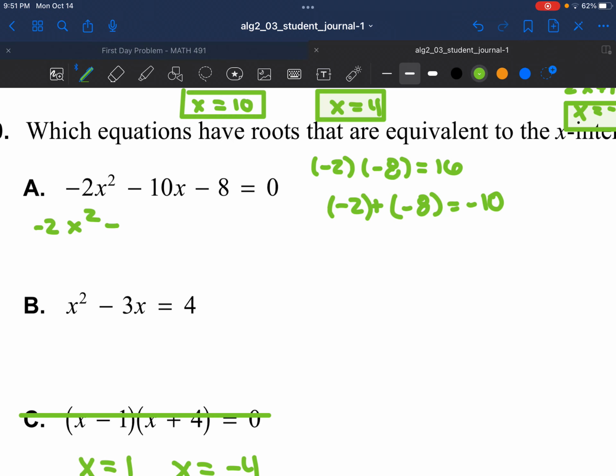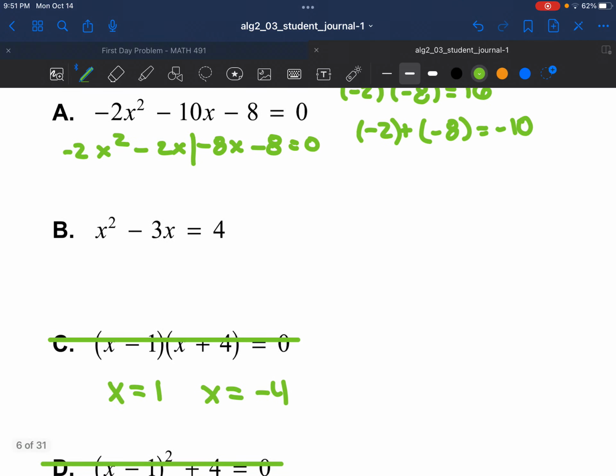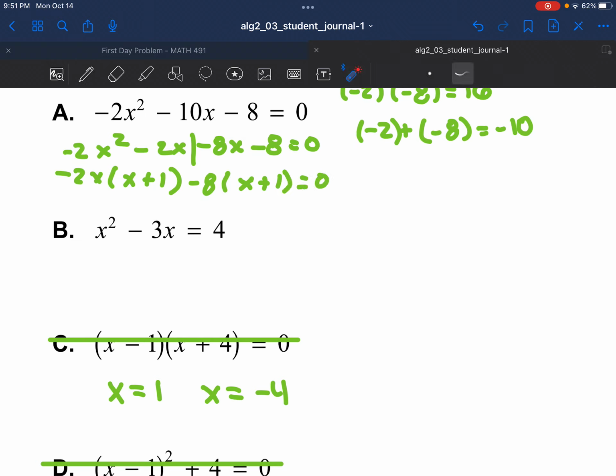So I'm going to split my middle term: negative 2x squared minus 2x minus 8x minus 8 equals 0. The first two terms have in common a negative 2x, so negative 2x times x plus 1. And on the right-hand side there is a negative 8 involved, so negative 8 times x plus 1.